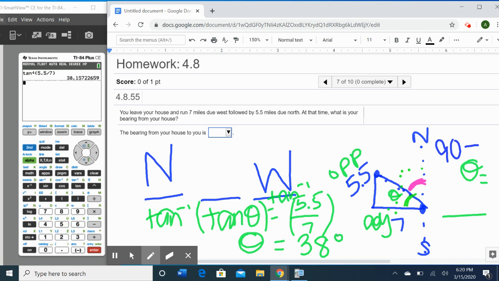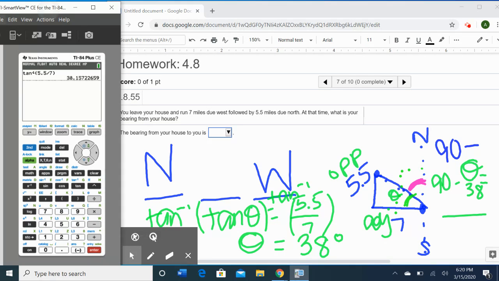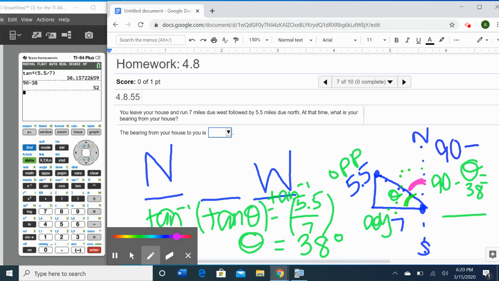Now, theta is not the answer. Remember, I have to take 90 minus 38, and I get that the angle in the bearing is 52 degrees. And so my bearing from my house is north 52 degrees west.